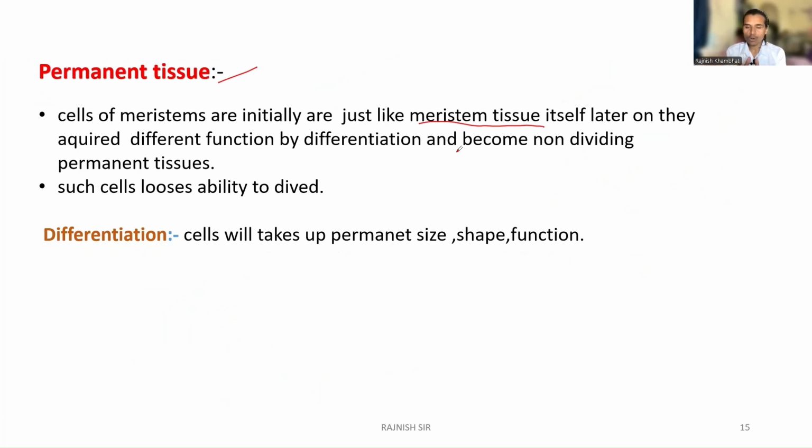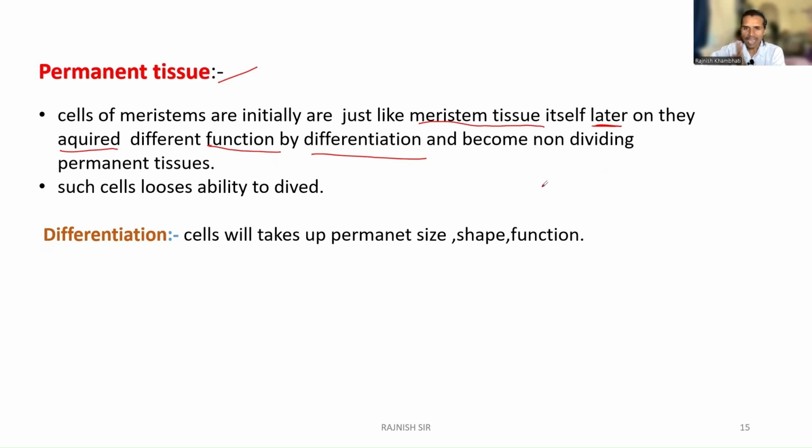But later on, what is happening? Later on they acquire a specific function and they undergo differentiation, and then they cannot divide. And such a cell which cannot divide is known as permanent tissue.